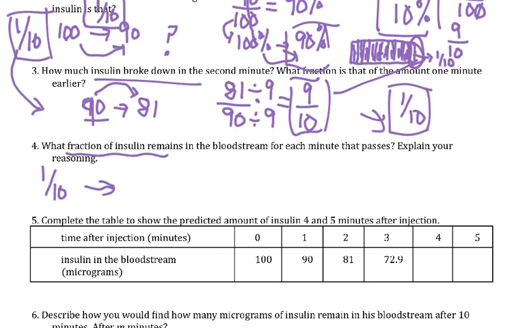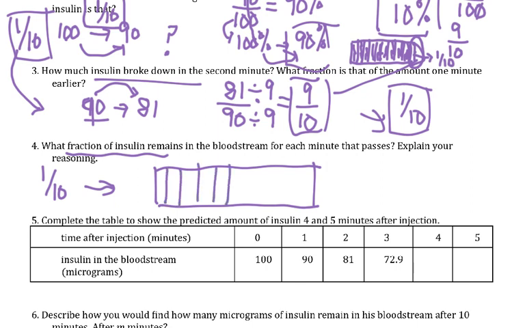Well, we already answered that question. If, again, going back here, I draw a box and I cut it up into 10, let's make sure I do that. 1, 2, 3, 4, 5, 6, 7, 8, 9, 10. And if I have 1/10 shaded in, well, what's left over?